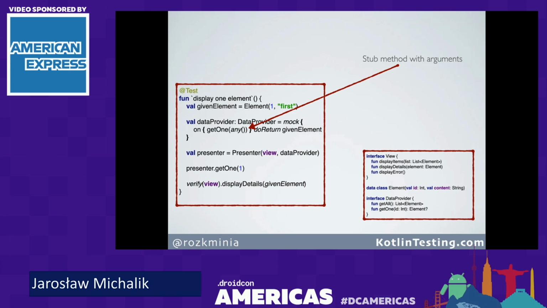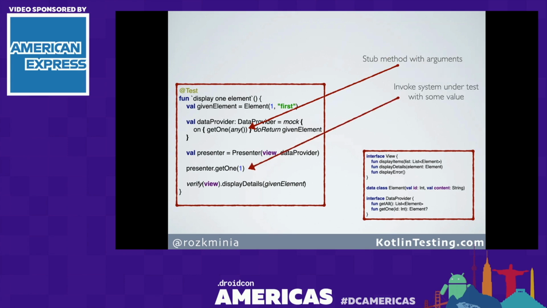This method would be stubbed for all possible invocations excluding null values in Kotlin. So on every possible argument passed to getOne, this mock will return that given element defined before. And then we can proceed with regular verification on the view. With Mockito, we verify that the display details function was invoked with the given element that was returned by our mocked data provider.